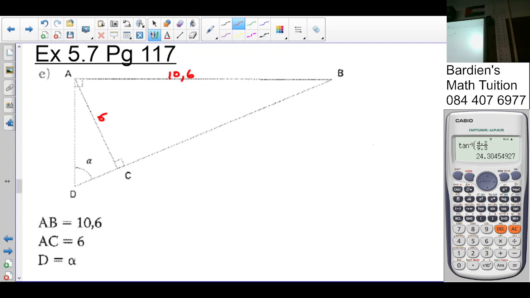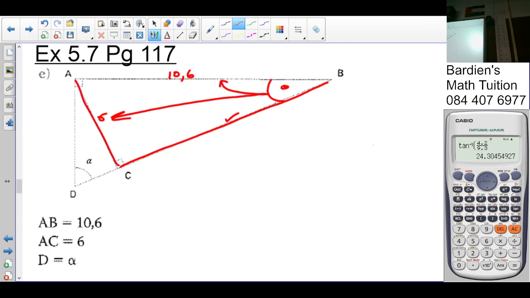CB can be calculated, yes? If we have CB, then what can be calculated? Angle B. Do we need CB to calculate B? No. Because we have what? Opposite and what?